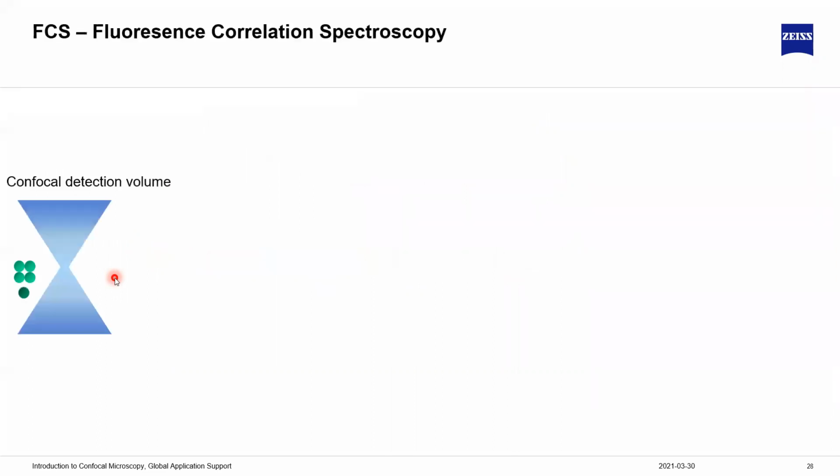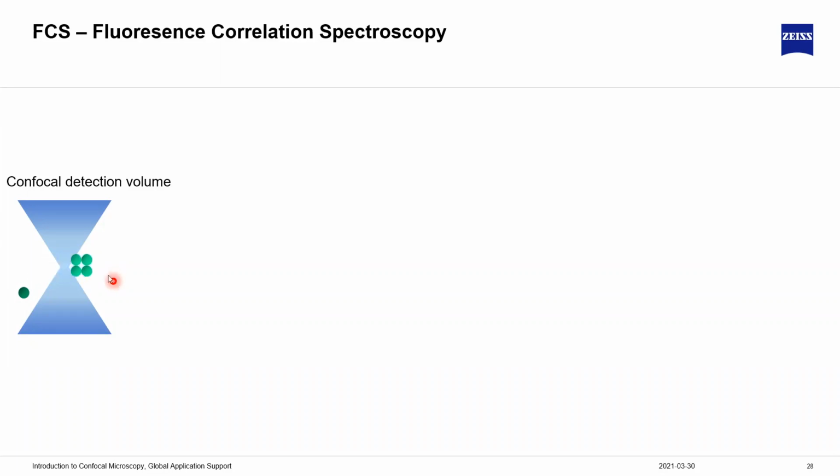The other technique that will also give you some kind of numbers, it won't necessarily give you nice and colorful images, but it will give you very nice data from your sample, is FCS, fluorescence correlation spectroscopy.